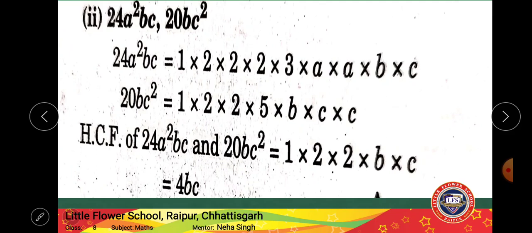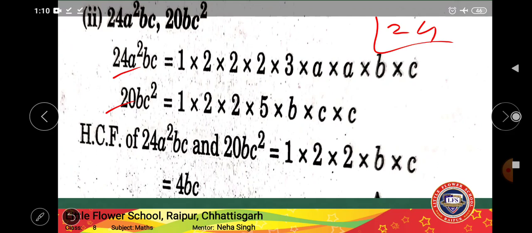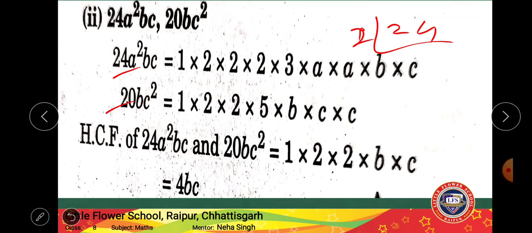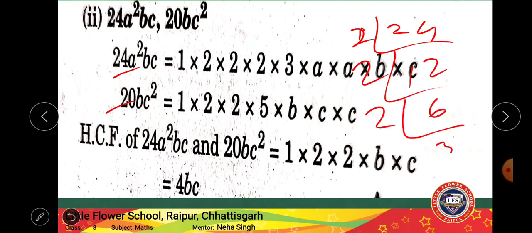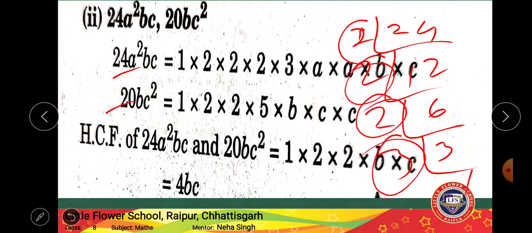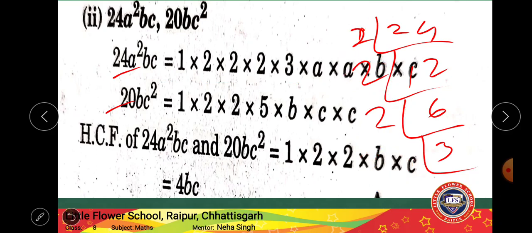Next, similarly, individual factorization of 24 we will do. 1, 2 1s are 2, 2 2s are 4, 2 6s are 12, 2 3s are 6, 3 1s are 3, 3 into 2 into 2 into 2. This was the factorization of 24.